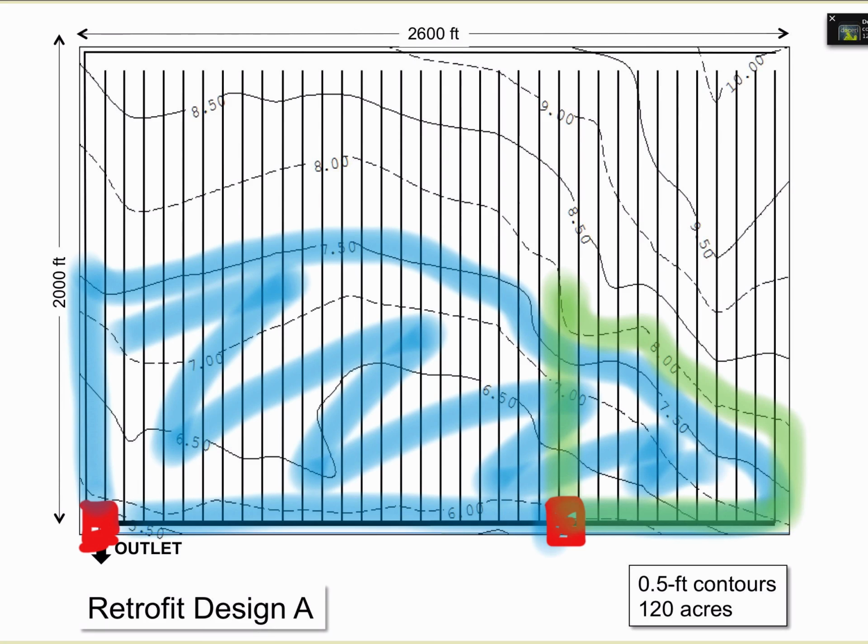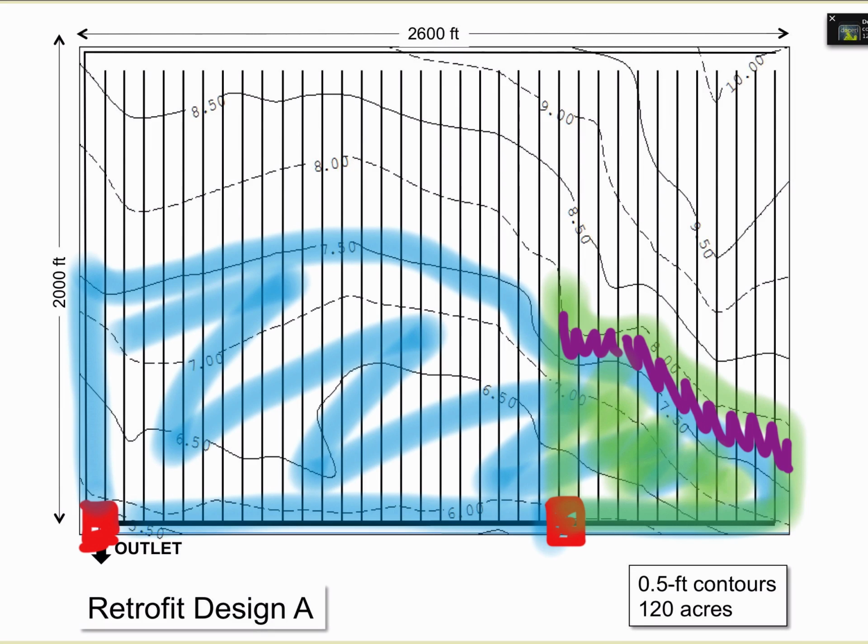So really all I've gained with that second structure is this area right in here between the 7.5 and 8 foot contour line. Granted, for this part of the zone in here, I do achieve a greater degree of water level control than if I had just left that structure off. But in terms of impacting new acres, new area, the second structure really has not gained me very much.